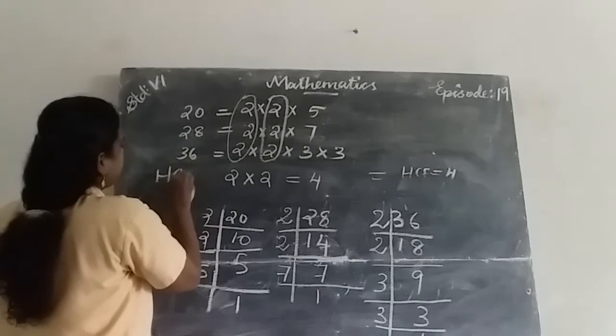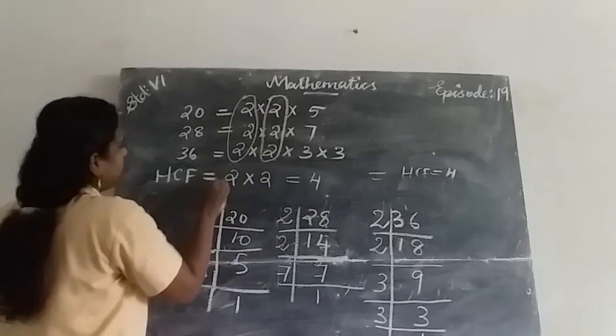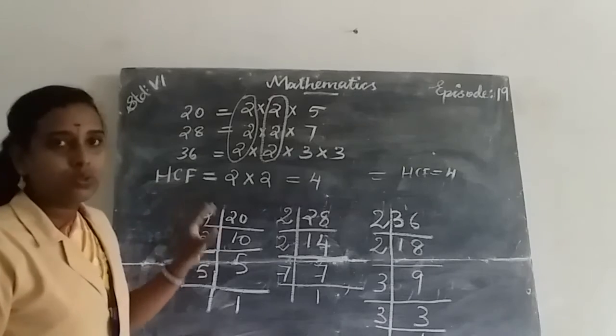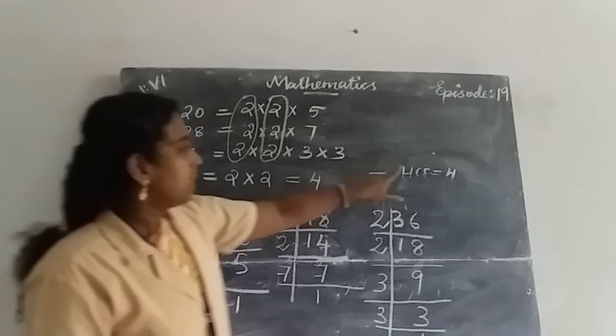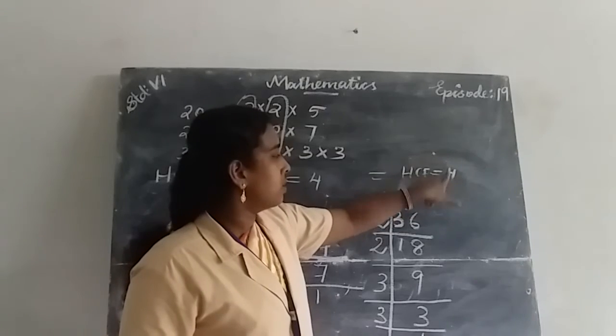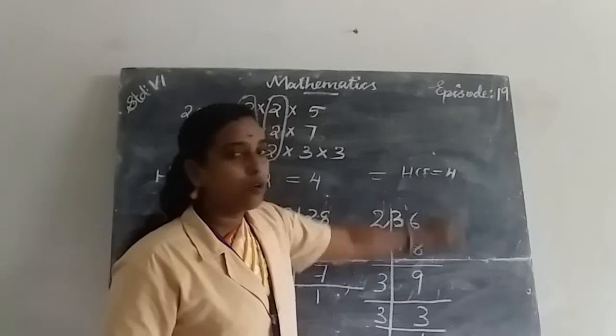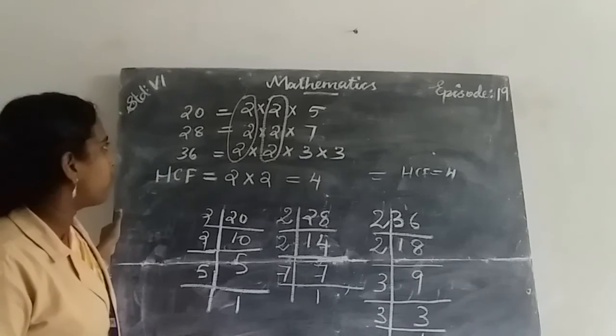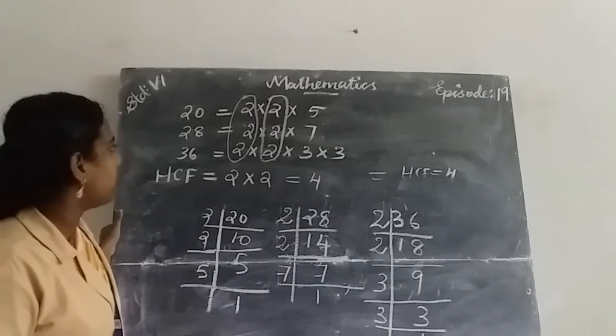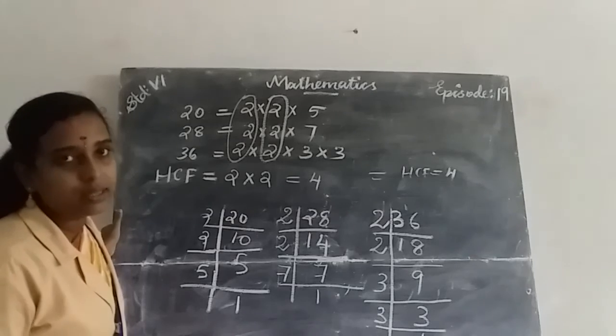So the highest common factor is equal to 2 into 2, which is equal to 4. That is the same answer we got earlier. Okay, that is 4. So 4 is the highest common factor of 20, 28 and 36.